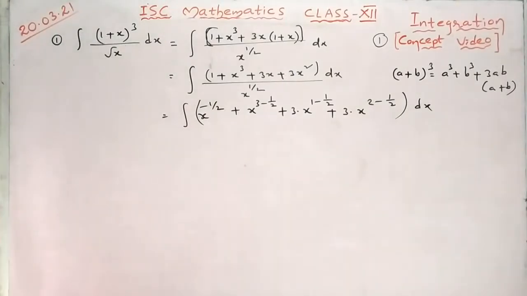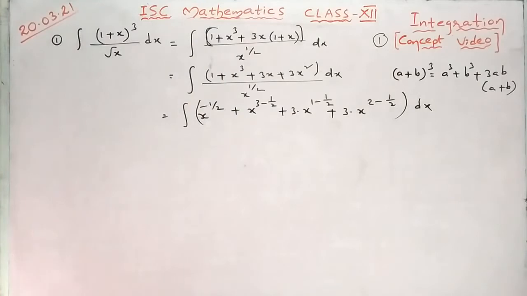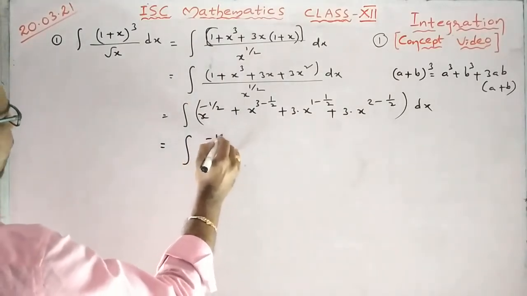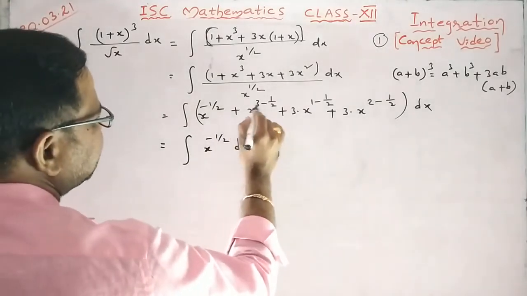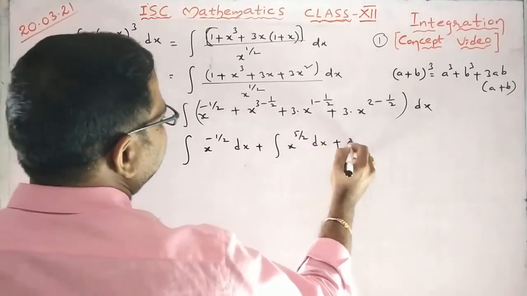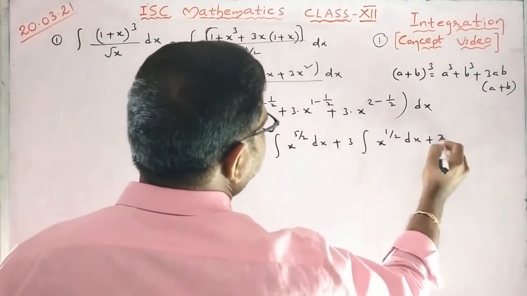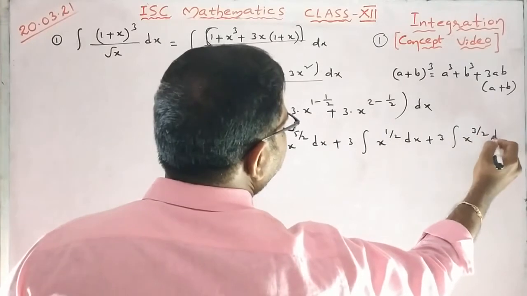Can I write like that? a to the power m by a to the power n means a to the power m minus n. So integral this as it is dx plus integral x to the power 5 by 2 dx plus 3 times integral x to the power 1 by 2 dx plus 3 times integral x to the power 3 by 2 dx.